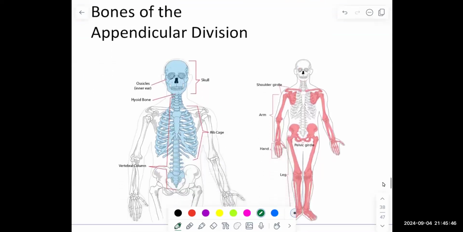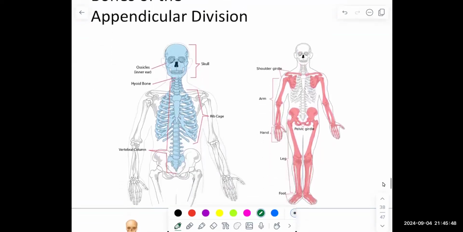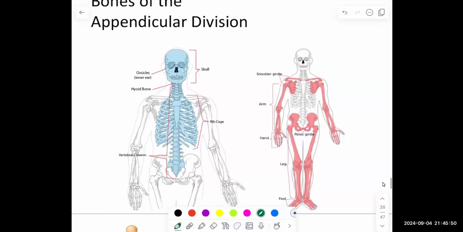Bones of the appendicular division. The ones that make the shoulders, the pelvic girdle. I said pelvic girdle, didn't I? The pectoral girdle. Let's try that again. And the pelvic girdle.